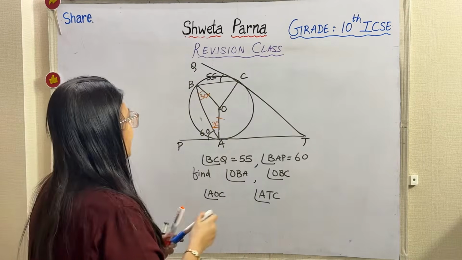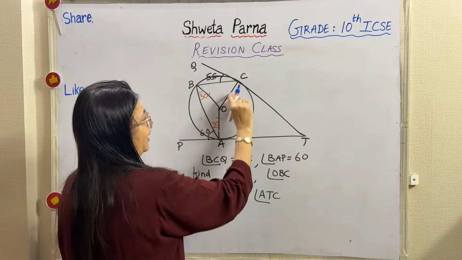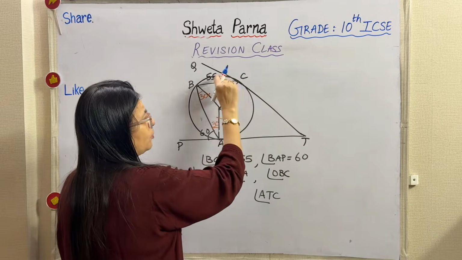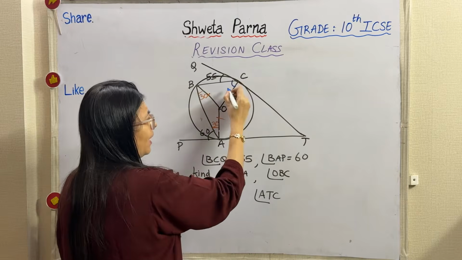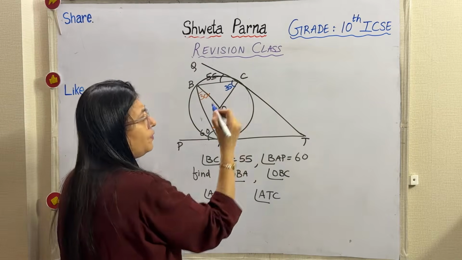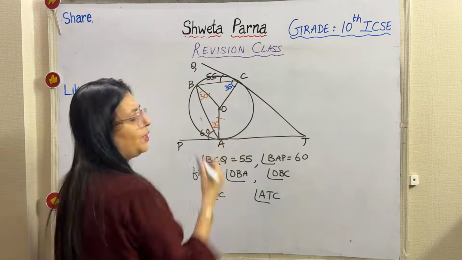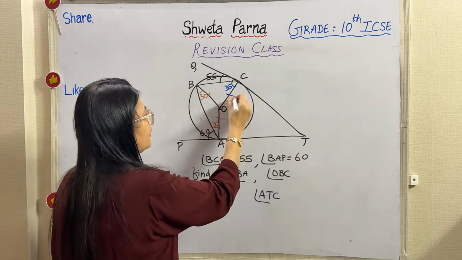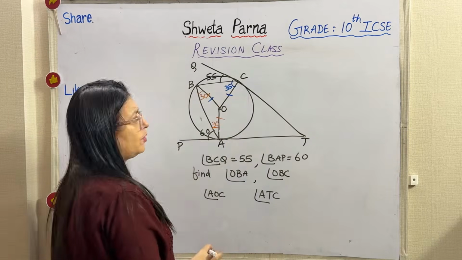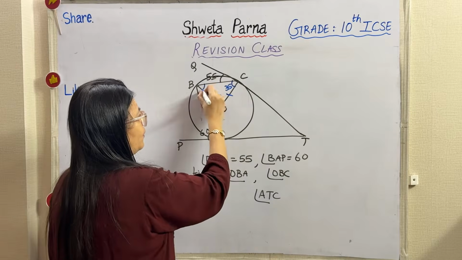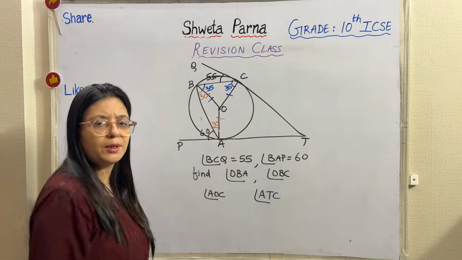In a similar way, here this is 55 and this is the radius of the circle. So this angle will become 35, which is 90 minus 55. Now OC and OB are radii of the circle. So if this is 35, even this will become 35 degree.